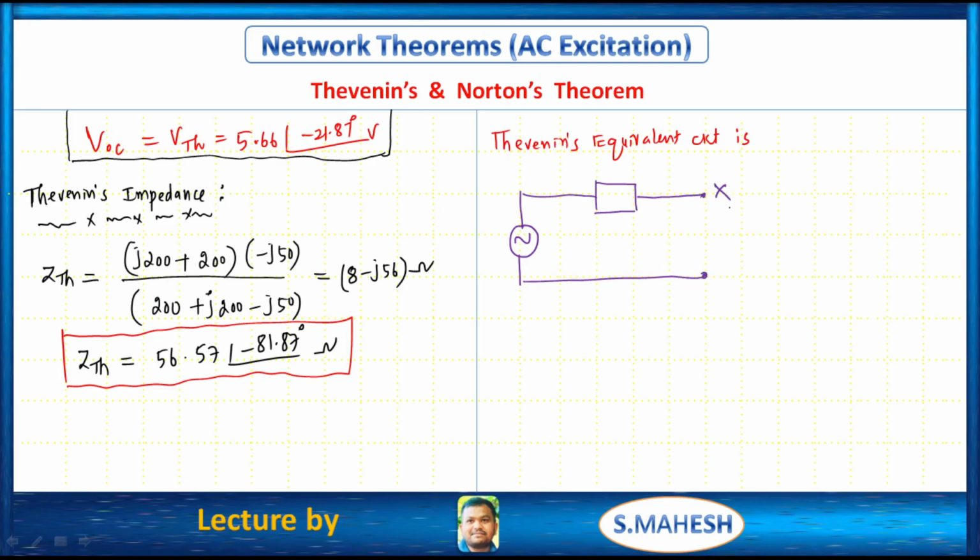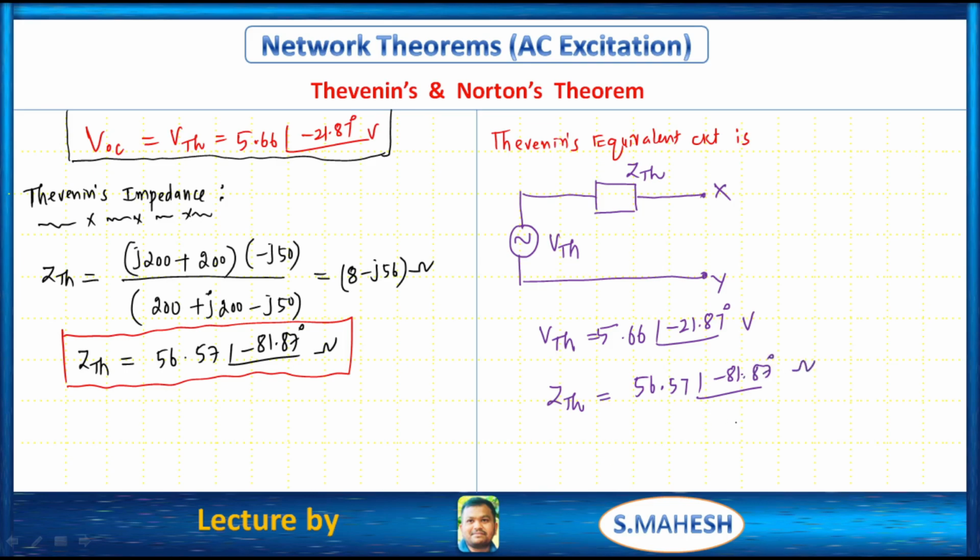This is X, this is Y, this is VTH, this is ZTH. We know that VTH is equal to 5.66 at an angle minus 21.87 volts, and ZTH is equal to 56.57 at an angle minus 81.87 ohms. These are the answers. Okay, this is problem 1.